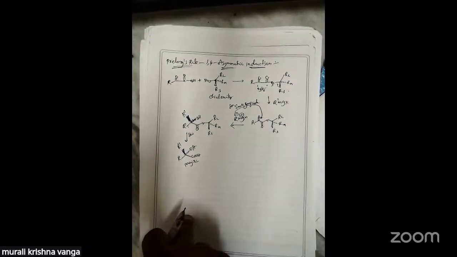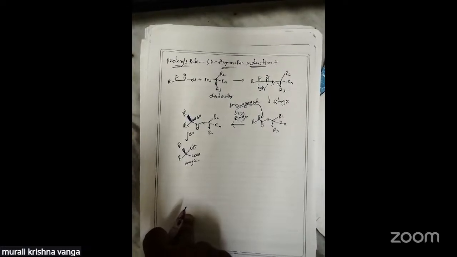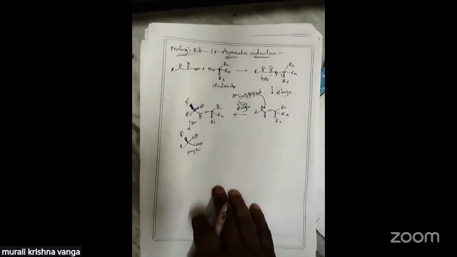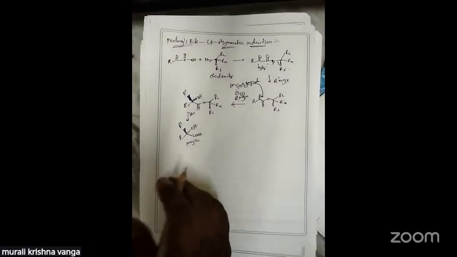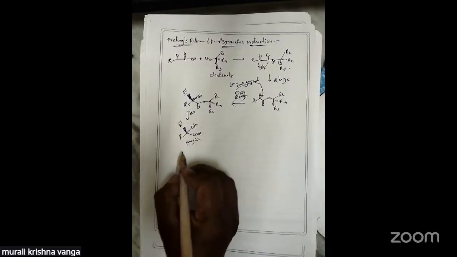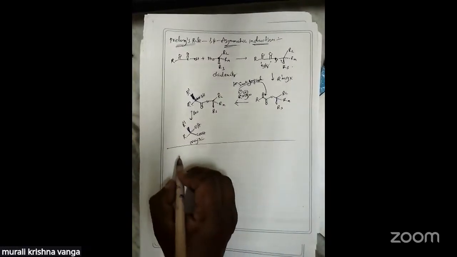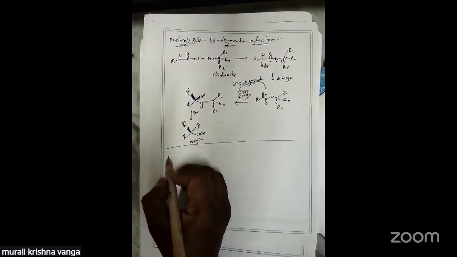When the large alkyl group is a tertiary butyl, asymmetric induction increases. So this is a general example, and we go to another example to explain 1,4 asymmetric induction.